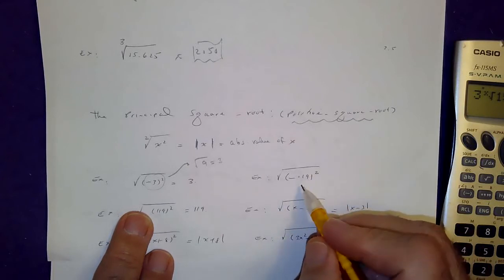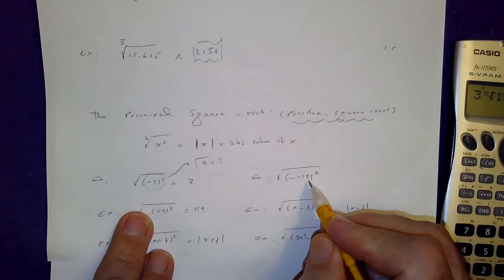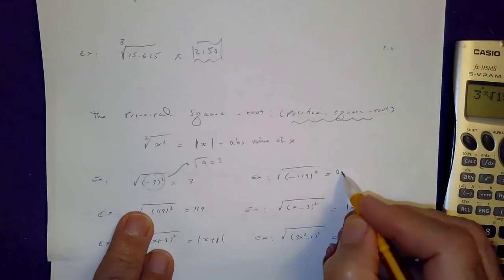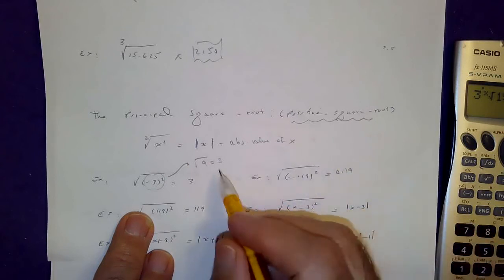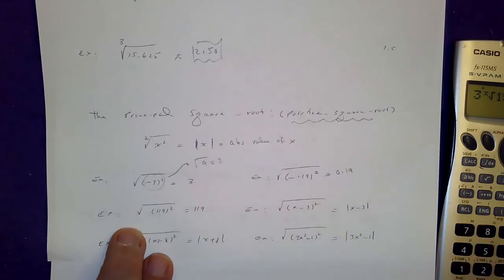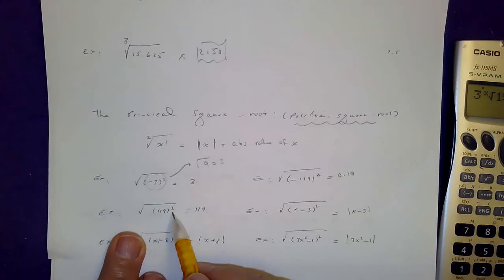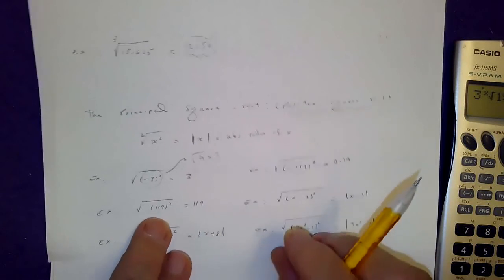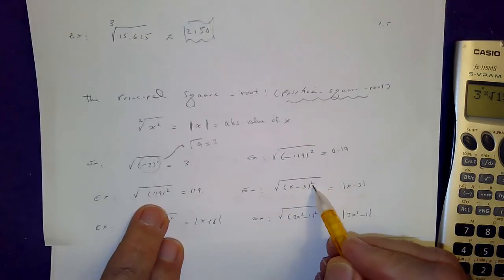What would be the square root of negative 119 squared? It isn't negative, it's positive, because it has to be the absolute value. What about the square root of 119 squared? It is 119. What about the square root of x minus 3 squared?